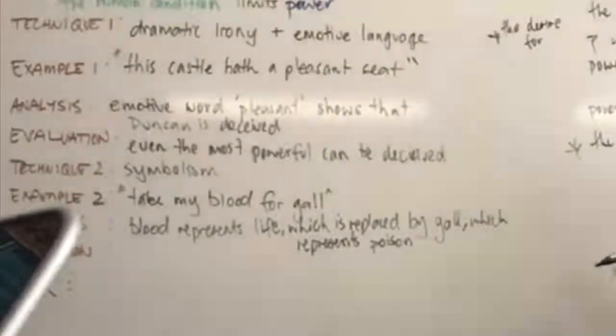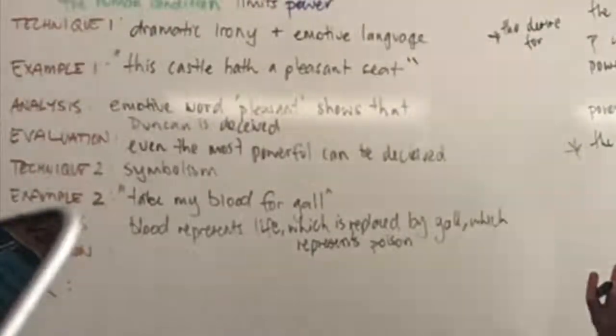Because it's this idea that it's all the bad feelings coming out of her, and she's taking all of the life, all of the good things, and replacing them with evil things to make sure that she can do the deed.